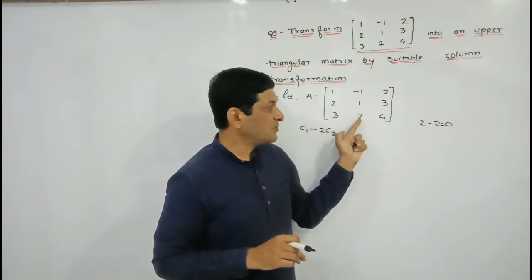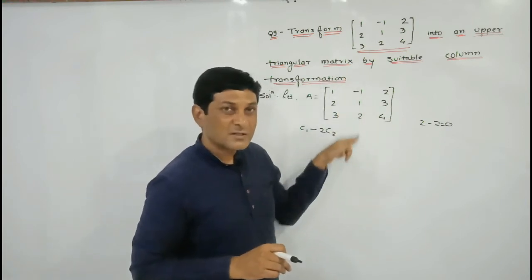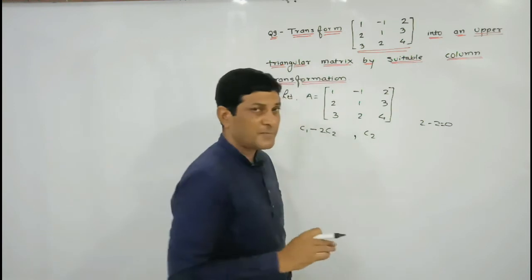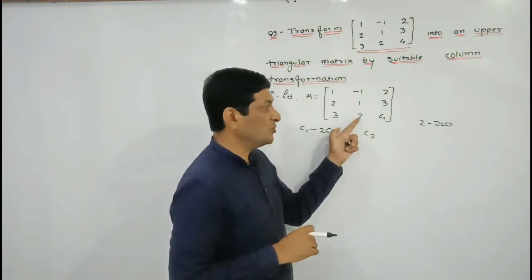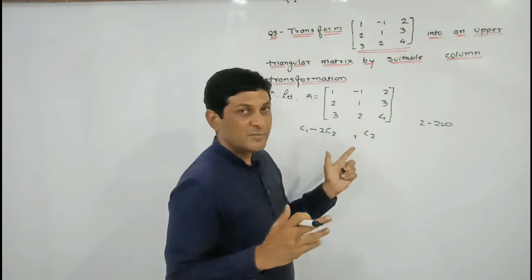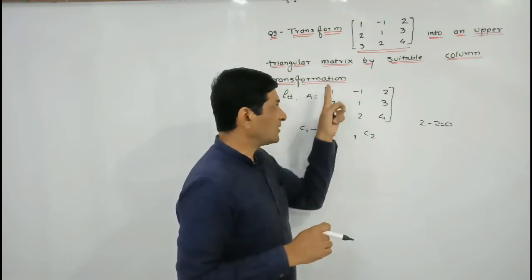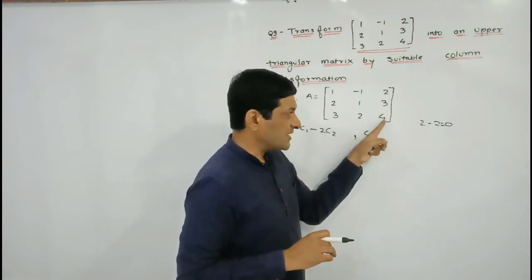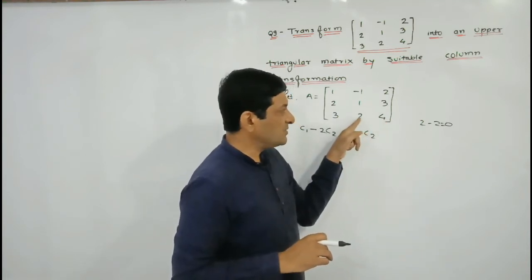Now again here also we will require 0. This is the element of the second column, means our operation is on C2. Which is the element of C2? 2. Whenever we are performing an operation on C2, we have to use the corresponding element of another column. Here the other columns are C1 and C3. Here 4 is there, isn't it? Is it possible to get 4?